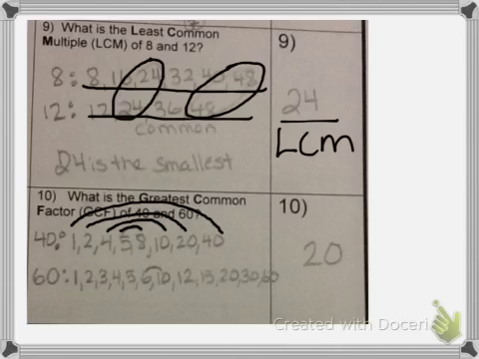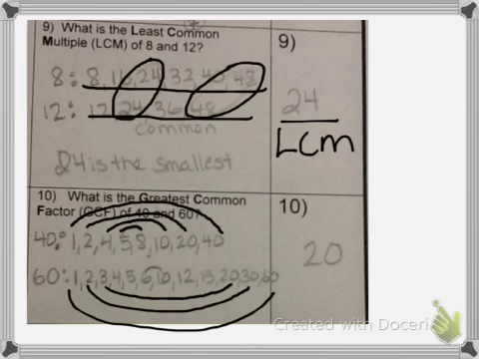I'm going to do the same for 60. 1 times 60 is 60, 2 times 30, 3 times 20, 4 times 15, 5 times 12, and 6 times 10. So those are all my factors of 60.